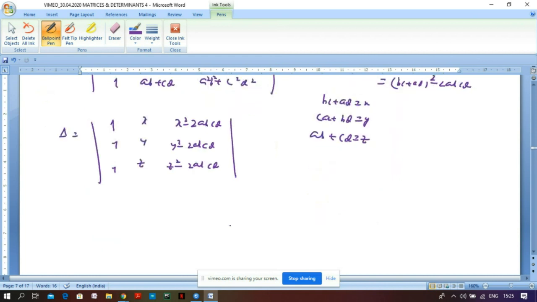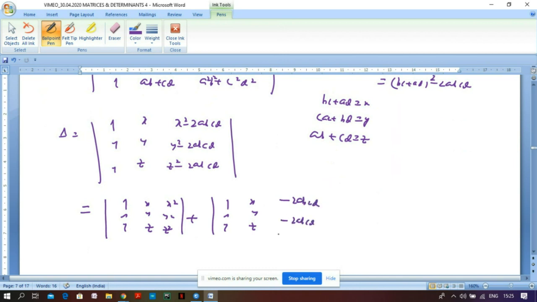So I can break it into determinants: 1 1 1, x y z, x squared y squared z squared, plus 1 1 1, x y z, minus 2abcd, minus 2abcd, minus 2abcd.